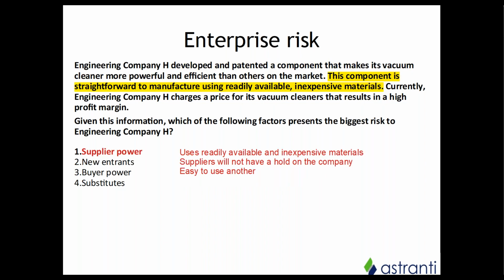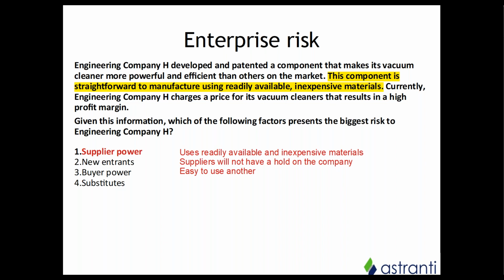What about supplier power? We've got this fancy all singing, all dancing component that makes our vacuum cleaner better, but maybe that's because we source materials that are themselves very rare and hard to find and very expensive. So could our suppliers have a lot of power over this? But then it says here in the question that the component is straightforward to manufacture using readily available, inexpensive materials.